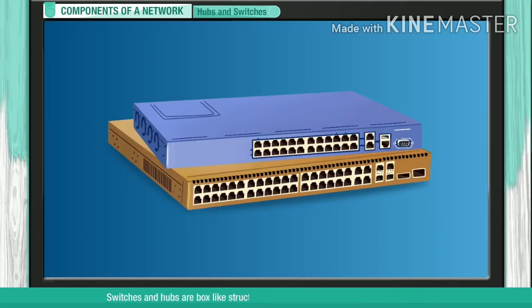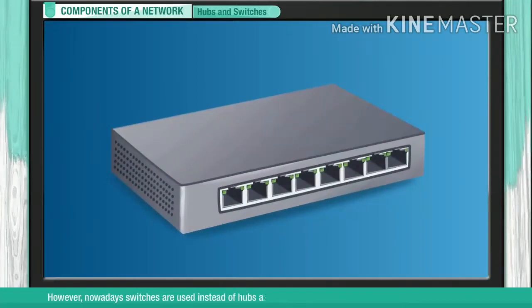Switches and hubs are with multiple ports to which computers, printers, and other networking devices are connected. However, nowadays switches are used instead of hubs as they are more effective and provide better performance.